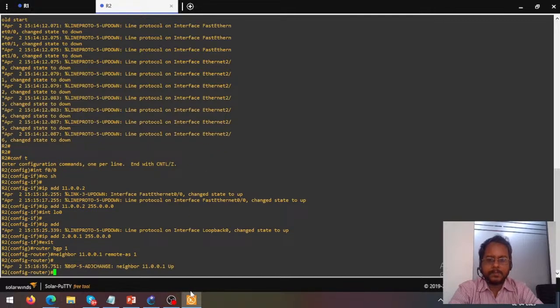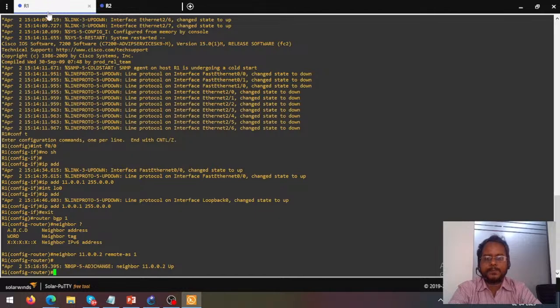So now this neighbor is up. You can see that immediately we get the response from BGP that the remote neighbor is up. And now you can advertise the networks as well using the network statement. The network, and that is the serial or the Ethernet network.